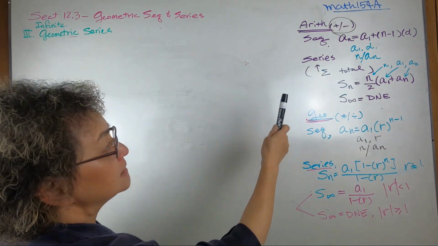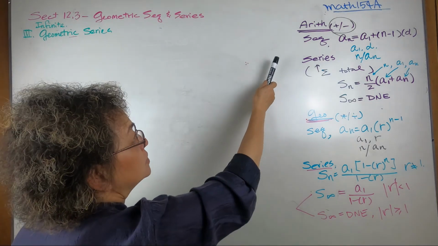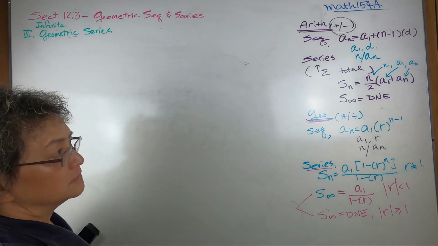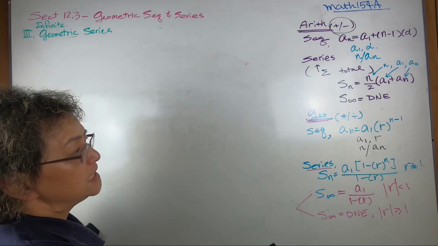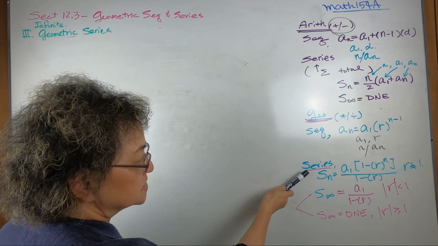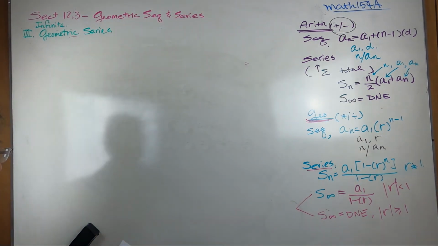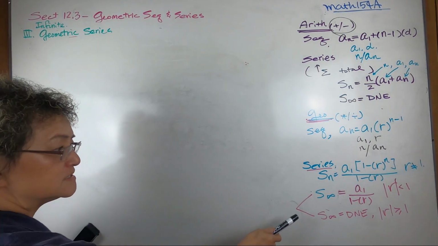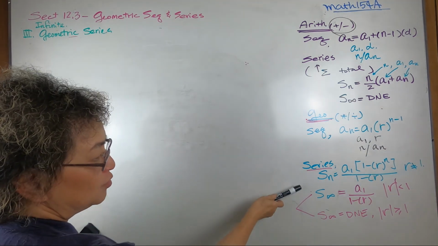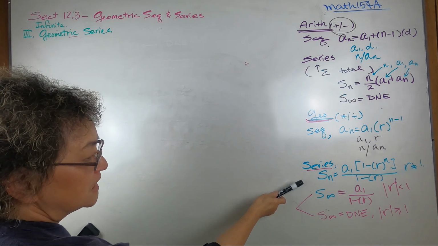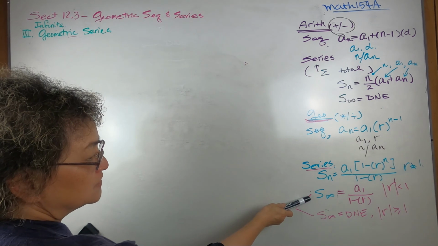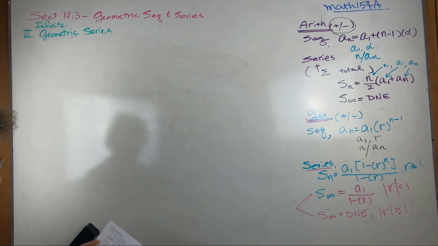Then you decide whether you are handling sequences or series. For geometric sequences you are fine. For series, you have another 2 types: one is finite, one is infinite. Finite, you follow the formulas. Then for infinite geometric, one you have an answer, one you don't.